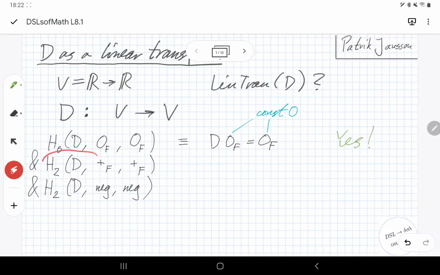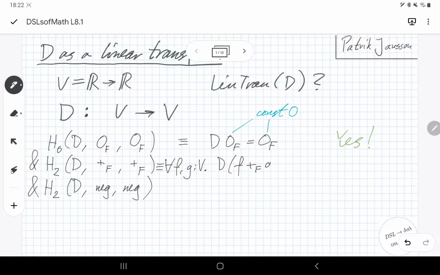This first part holds. D preserves zeros. Okay, next question is, what is this? So let's write out the definition of this predicate. So this is the same as for all f and g of type V, that is functions from R to R. If we apply D after addition, we should get the same result as if we apply D before addition.